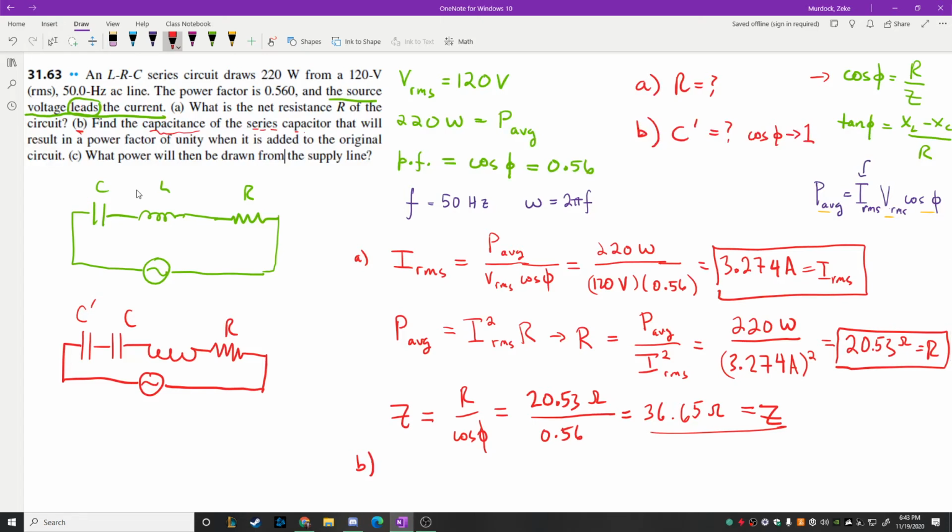Okay. What does it mean if the power factor is unity? What do we know then? What does that mean?